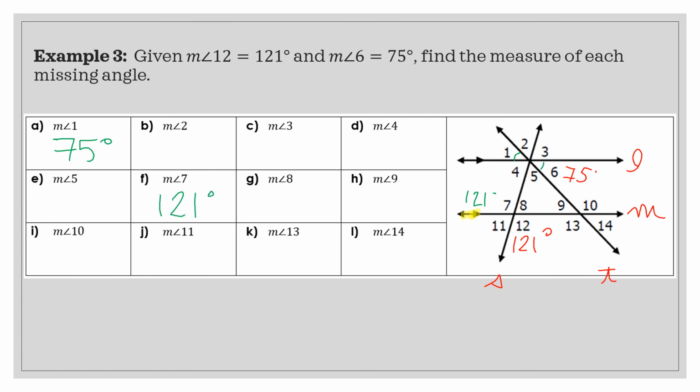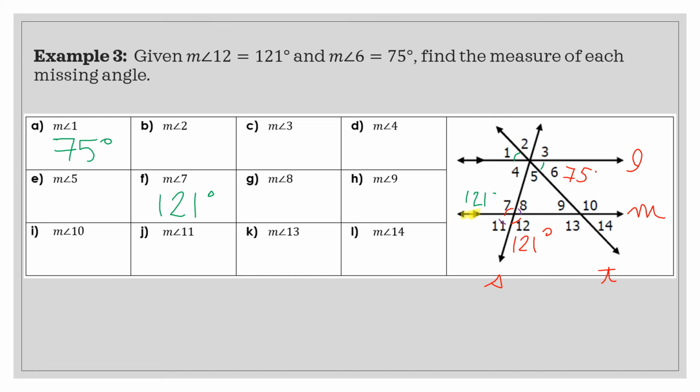Okay, and then from there, I'm just going to try to put the pieces together. I'm going to start with angles 8 and 11. 8 and 11 should have the same measure because they're vertical angles. To find those angle measures, they are supplementary to both 7 and 12.